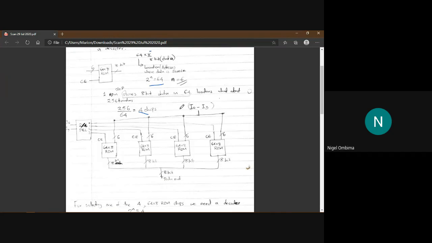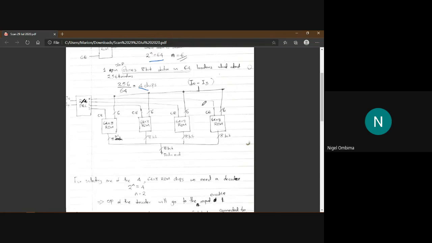I made a common bit line from I0 to I5 for the 4 ROMs now. That will be I0, I1, I2, I3, I4, I5. Now, which ROM we are supposed to use will depend on I6 and I7. After you select the ROM you're supposed to use, the last 2 bits decide which ROM we are supposed to use.